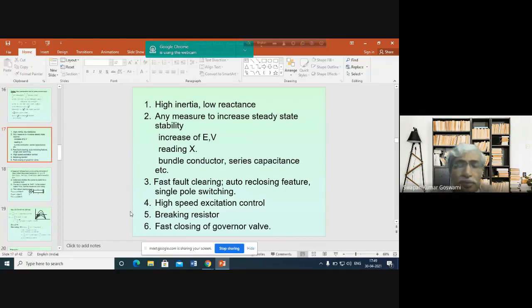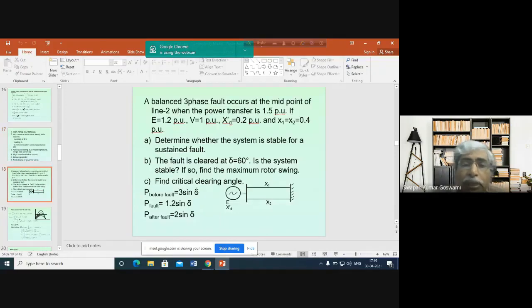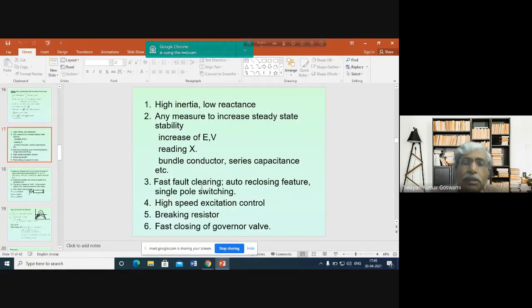Now, if you have any questions on whatever I have discussed today, if you have any doubt, ask me regarding your doubt, then I can try to explain it further. Any doubt, any question regarding the methods for improving transient stability and also steady state stability?